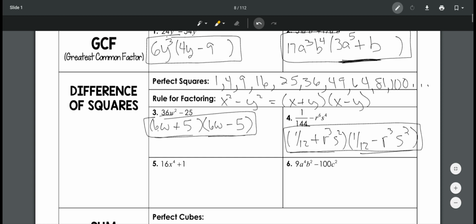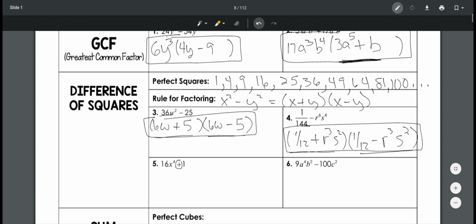Now, number 5 is a trick question, because if you look at the numbers 16 and 1, they were in our perfect squares list. If you look, the exponent is even, it's 4, and you can divide that evenly by 2. But what's wrong with this problem is it's not a difference of squares. That is not a subtraction sign. If that were a subtraction sign, then we would be able to factor it.